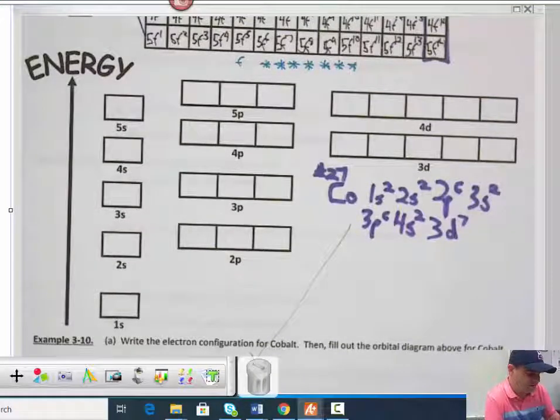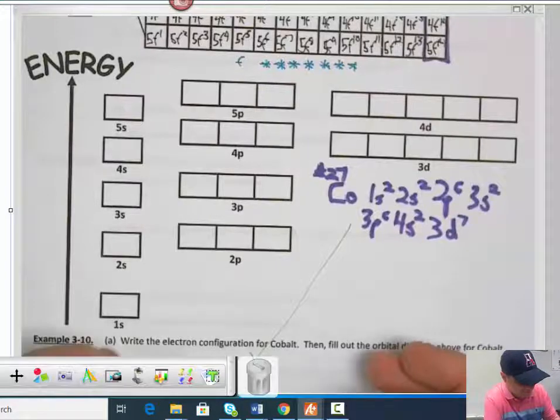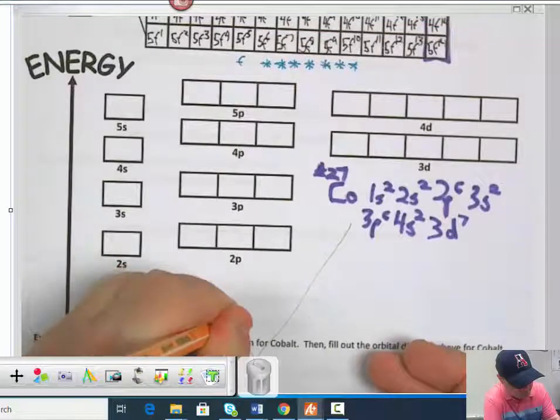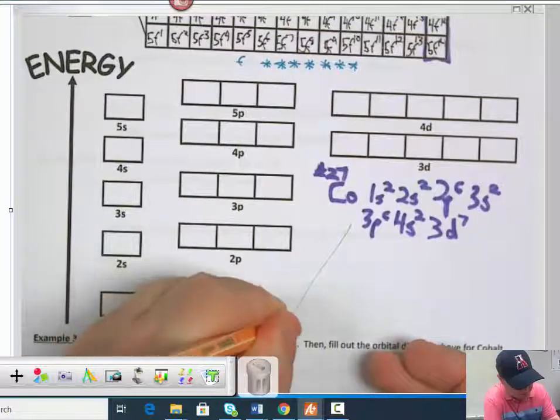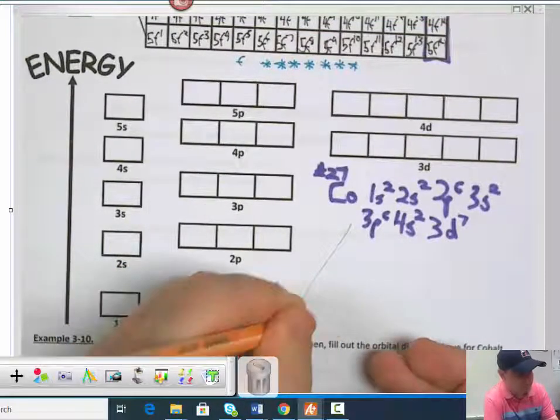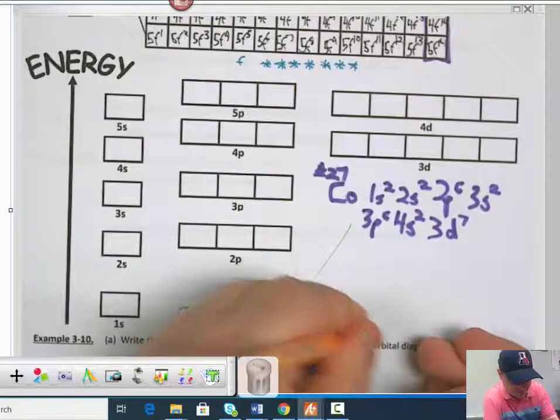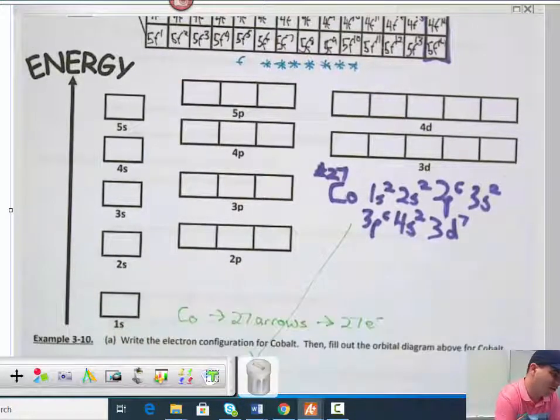The orbital notation indicates the spins of the electrons. This is where we do arrow up, arrow down. For cobalt, we are going to have 27 arrows. Why? Because there are 27 electrons in cobalt.